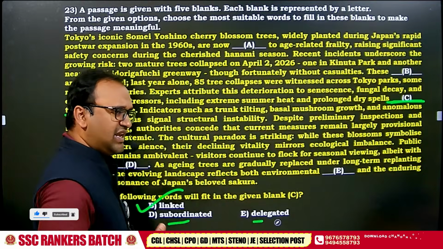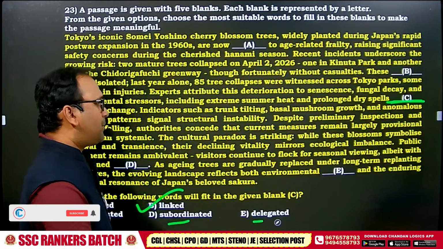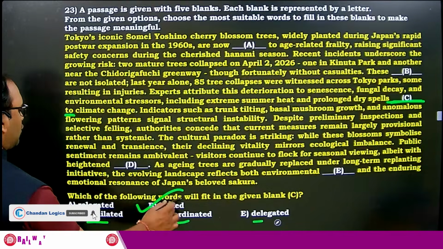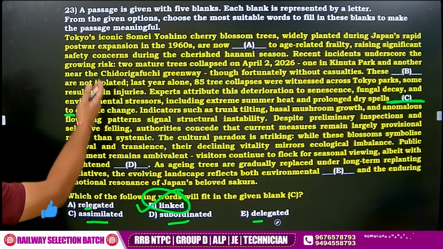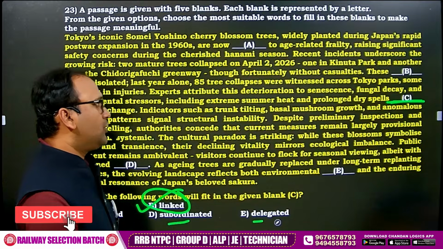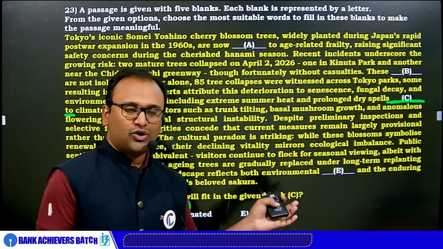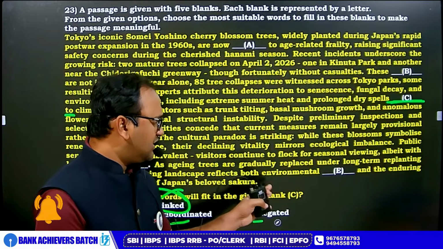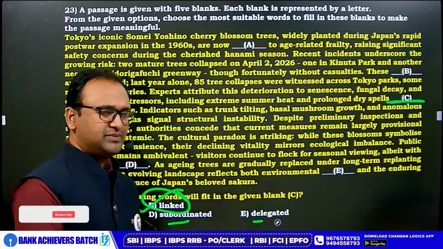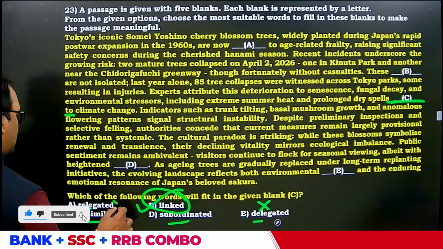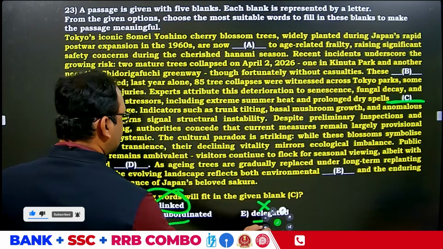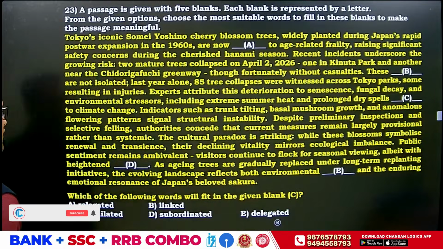Delegate means delegating some assignment. So preposition to came, linked to. The rest of the options are not suitable to the context. You are talking about trees, climate change, the environment. This article comes from Science and Technology, and you have nothing to talk about delegate or relegate. Linked to is the answer. Preposition helps you so much, right?